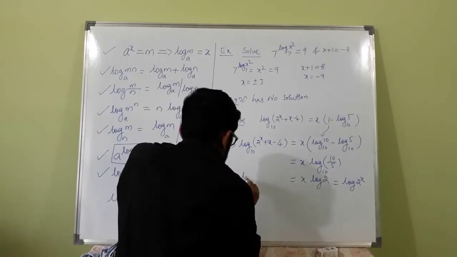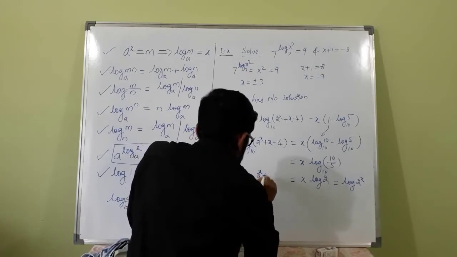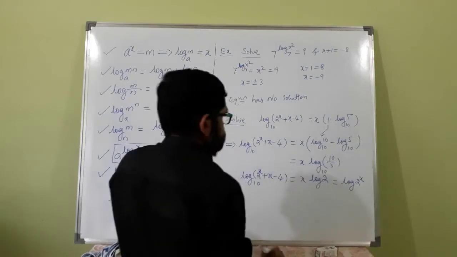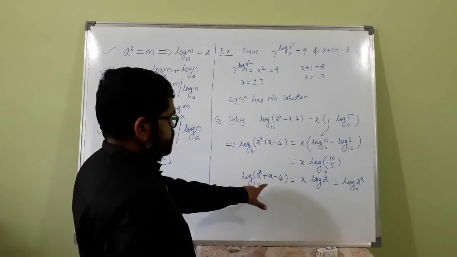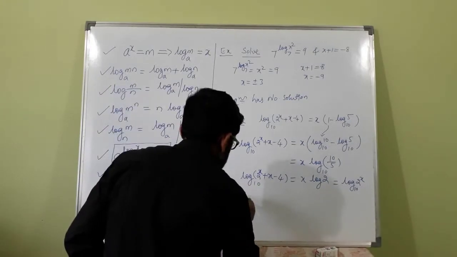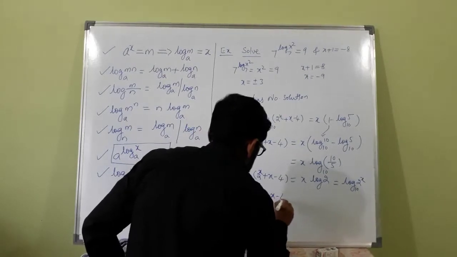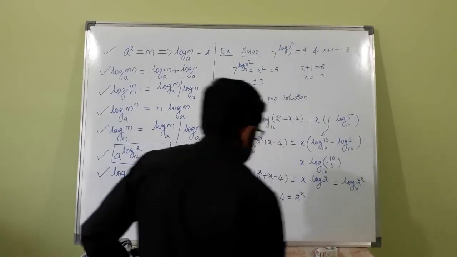So this is log of 2 raised to x plus x minus 4 to the base 10, same as, since bases are same, 2 raised to x plus x minus 4 is equal to 2 raised to x.